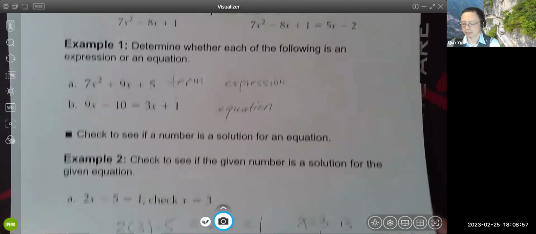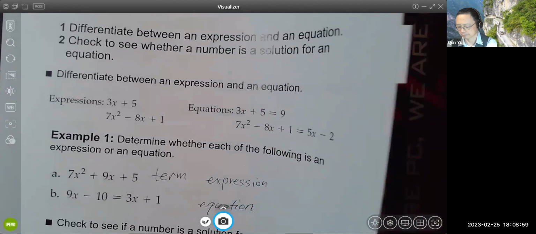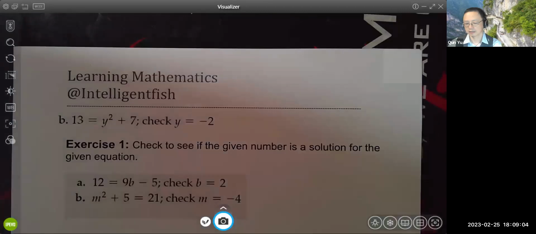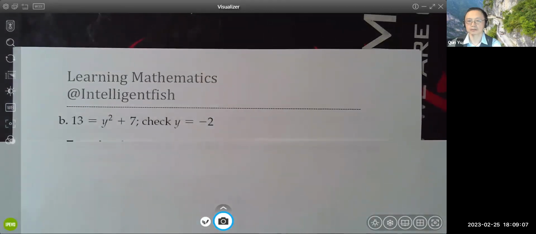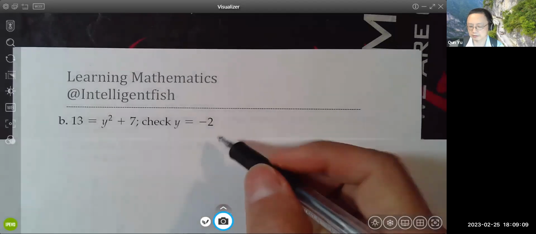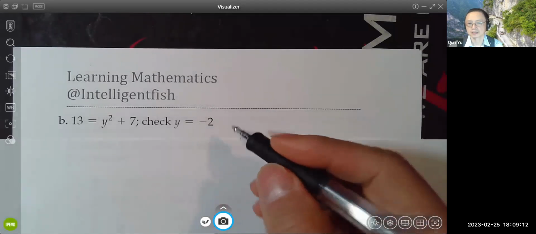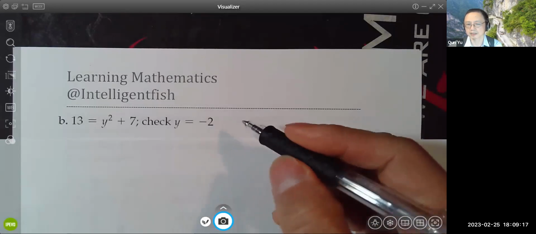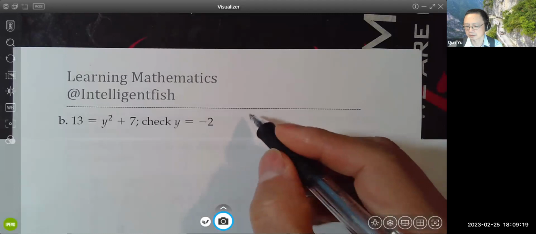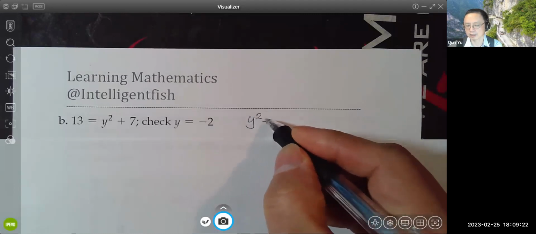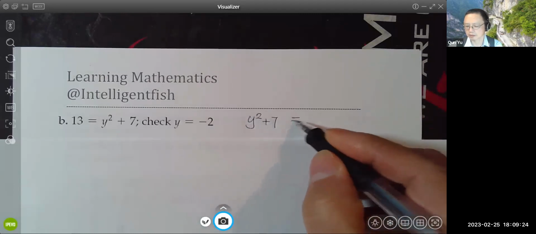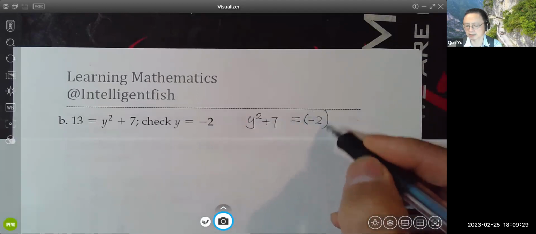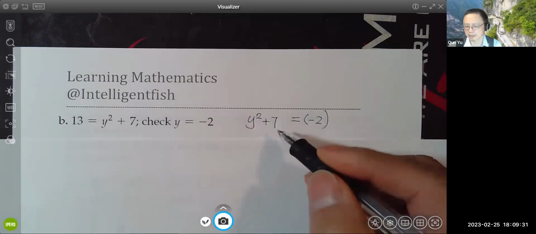Now let's look at our next page. This is our second example. Nothing really different. We just have another equation to check the answer. This time we're going to look at the right-hand side. The right-hand side is y squared plus 7. We replace y with -2. Usually I put a parenthesis to surround the number that we plug in.